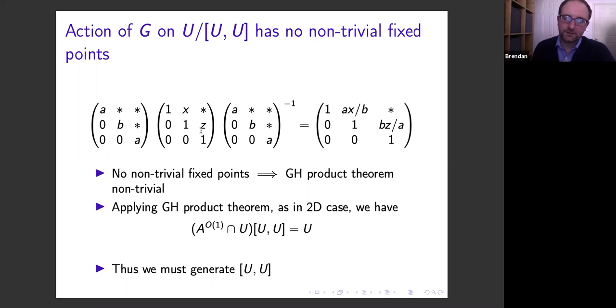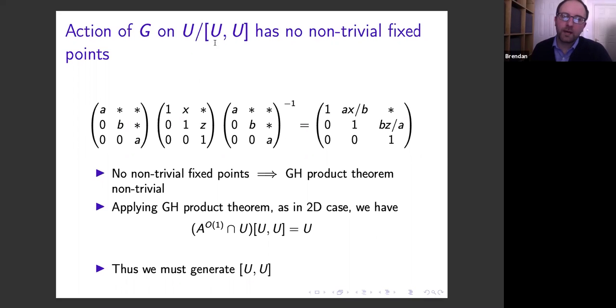So instead of generating all of U at once, we'll generate each factor of its lower central series. We're going to look at the lower central series of U, and U is the last term of the lower central series of G.